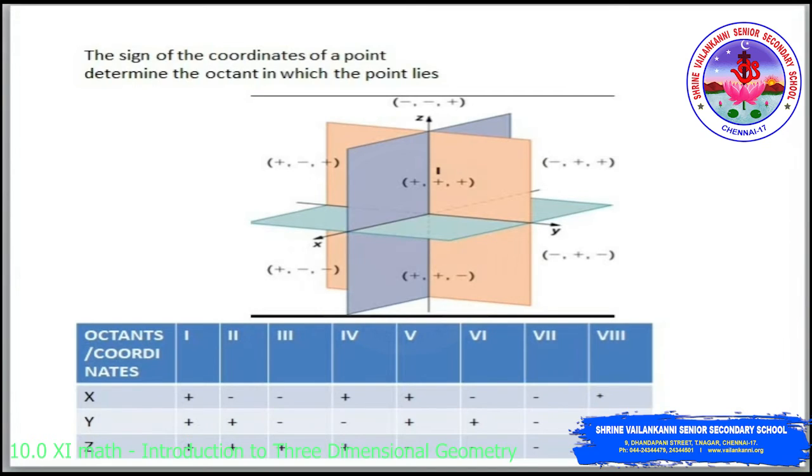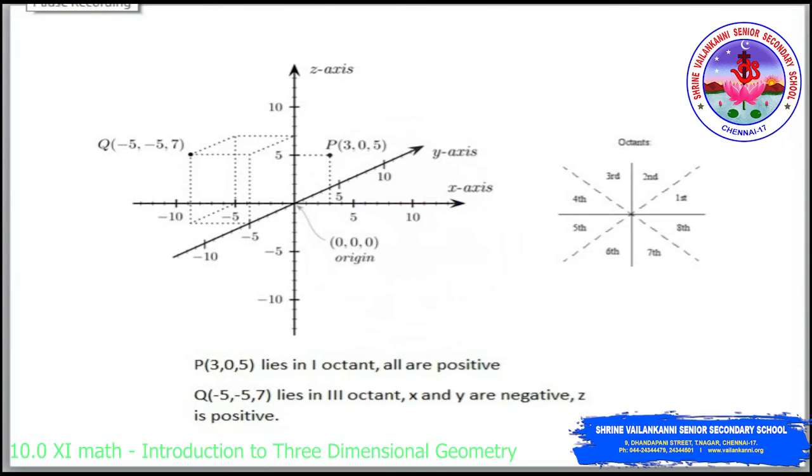Let's see some examples. Here the points are given. The point P is (3, 0, 5) and Q is (-5, -5, 7). For the point P (3, 0, 5), all the coordinates are positive, so it lies in the first octant. For the point Q (-5, -5, 7), x and y are negative and z is positive, which lies in the third octant.